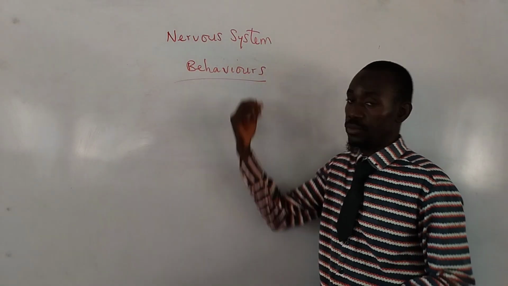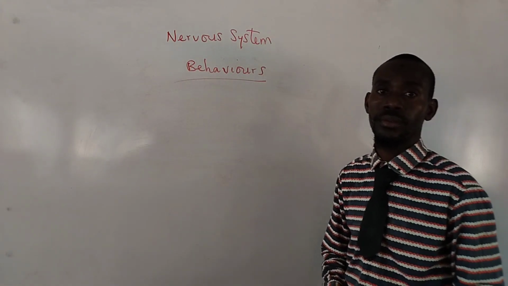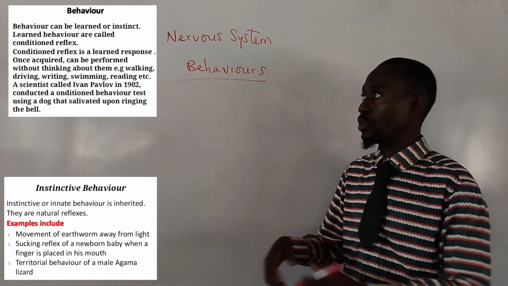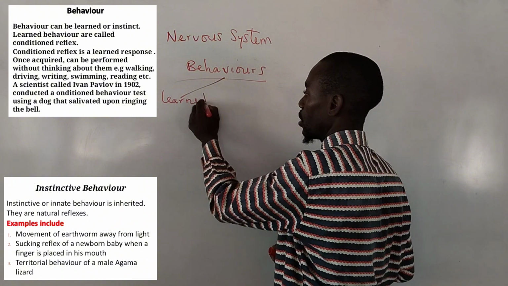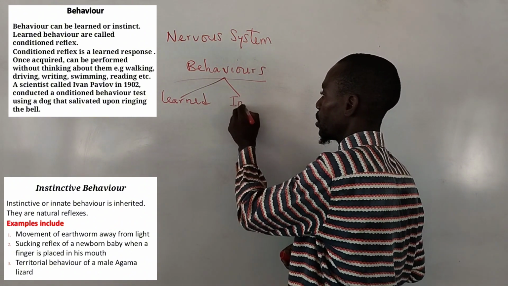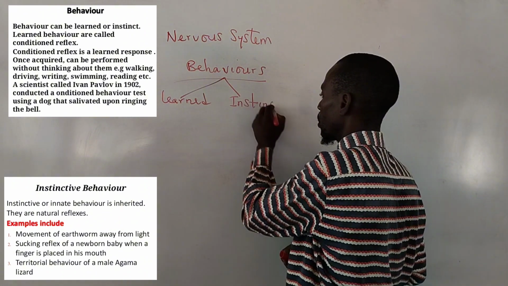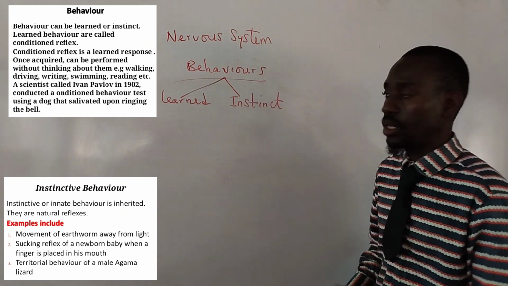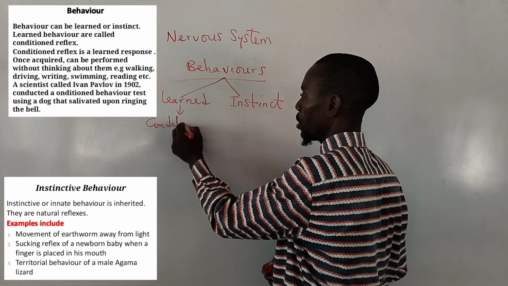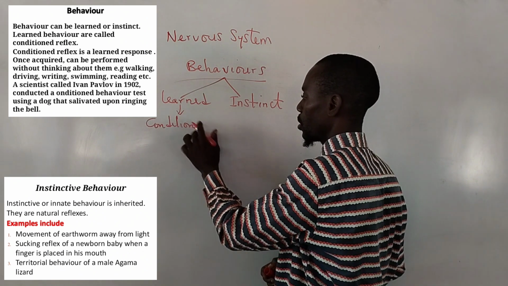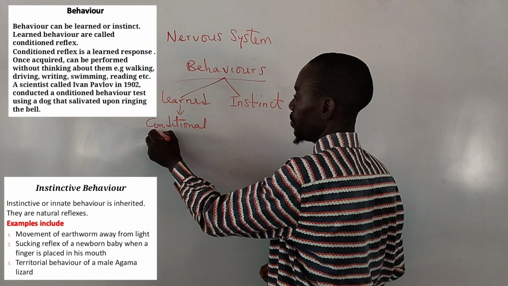The next one is behaviors. Behaviors could be learned or instinct. Learned behavior is called conditional reflex.